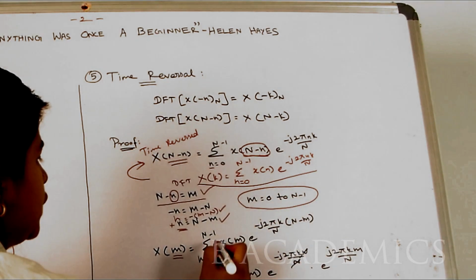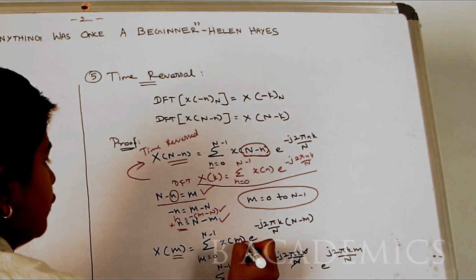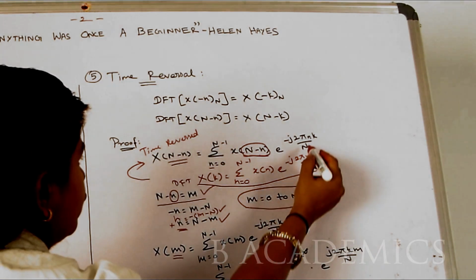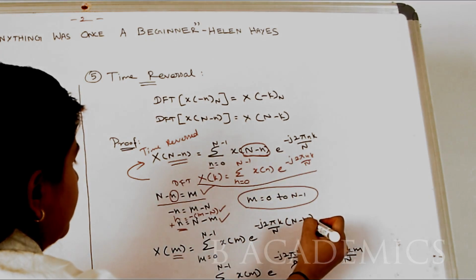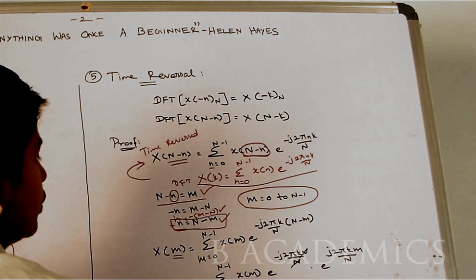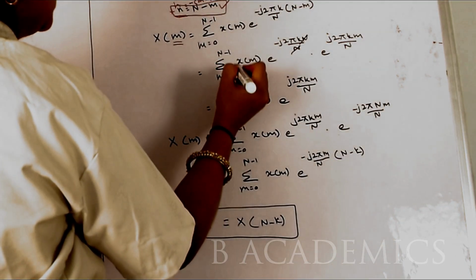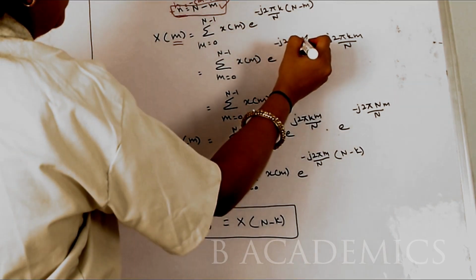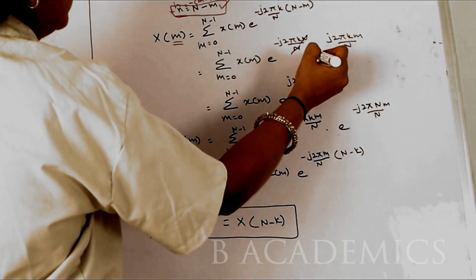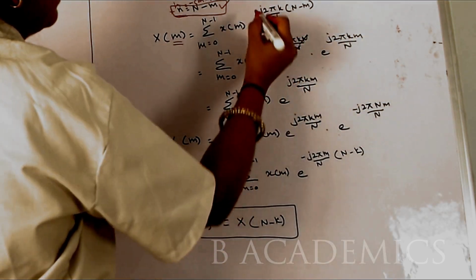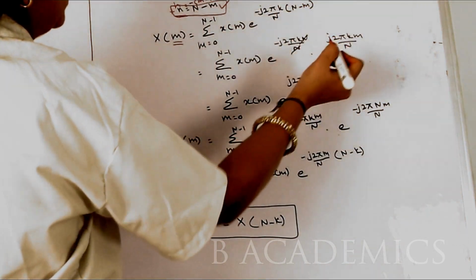Summation m equal to 0 to N minus 1 x of m e power minus j 2 pi k divided by N. Instead of n, I am substituting N minus m. Since the value of n is N minus m, summation m equal to 0 to N minus 1 x of m e power minus j 2 pi k N divided by N into e power j 2 pi k m divided by N. Minus into minus is plus.